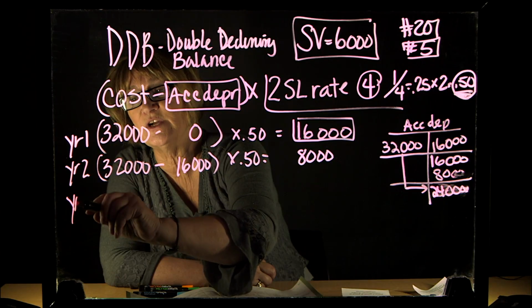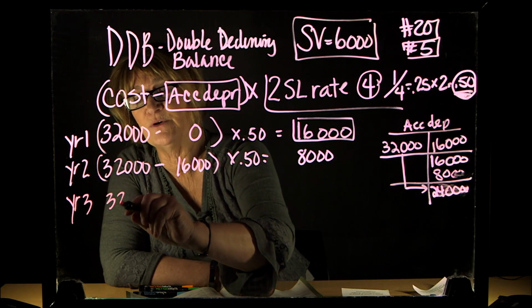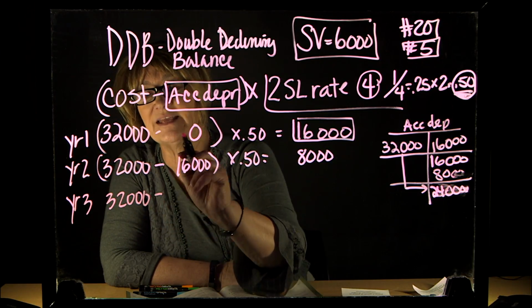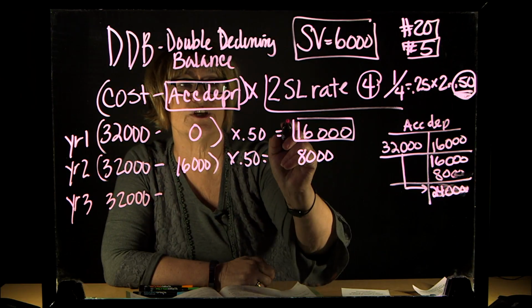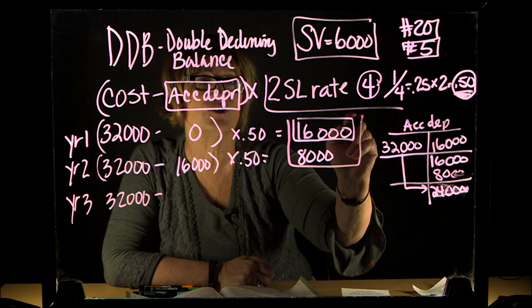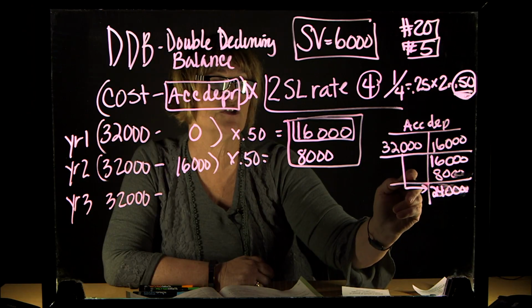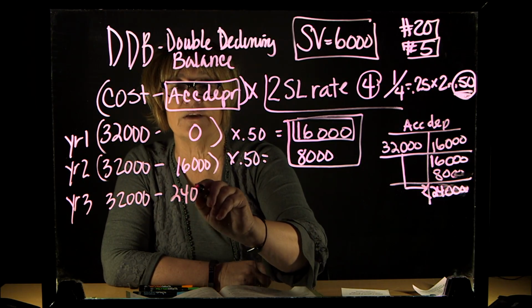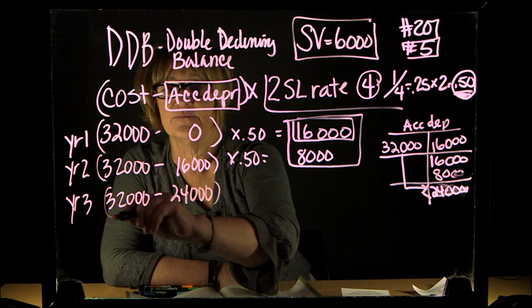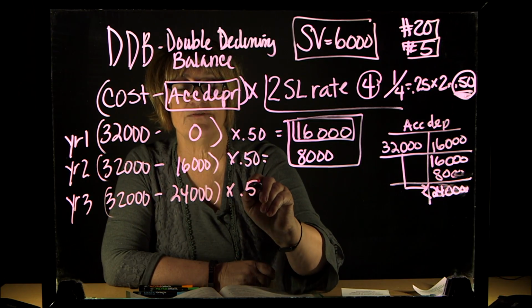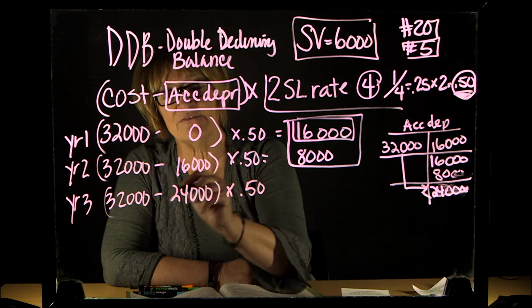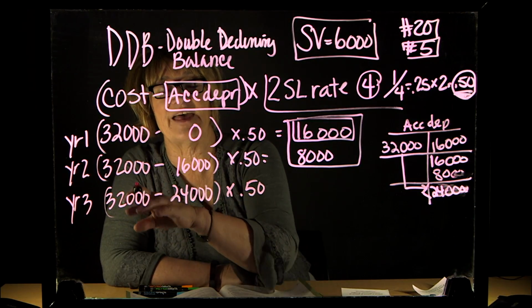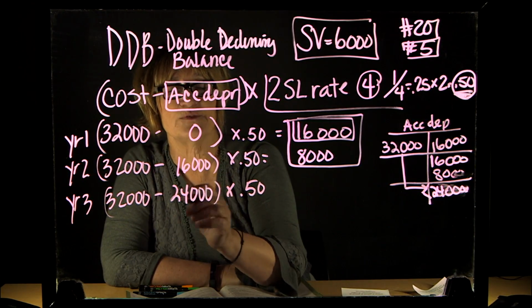So here we go to year 3, and we put in the $32,000 minus accumulated depreciation. Well, remember now we have 2 years of depreciation, so the accumulated depreciation number is actually $24,000 times 50%. And so if I go ahead and do the math on that, that's 8,000 times 50%.